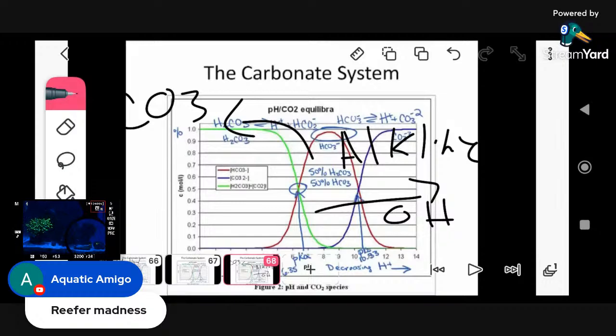Hey, Aquatic Amigos. I don't know if I updated you, bro, but I took you off from a standard moderator to some other moderator. I'm not sure if it shows, or I don't know. You did, bro. How does it show though? I don't know if it shows.